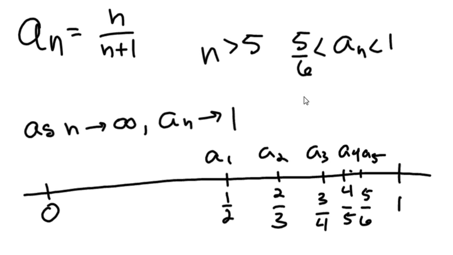So the interval which the remaining terms would fall in would be from 5/6 to 1. The rest of the terms of the sequence fall in this little area. It seems kind of funny how the first 5 terms took up this much of the number line, and infinitely many terms, as n goes to infinity, fall in this little area.